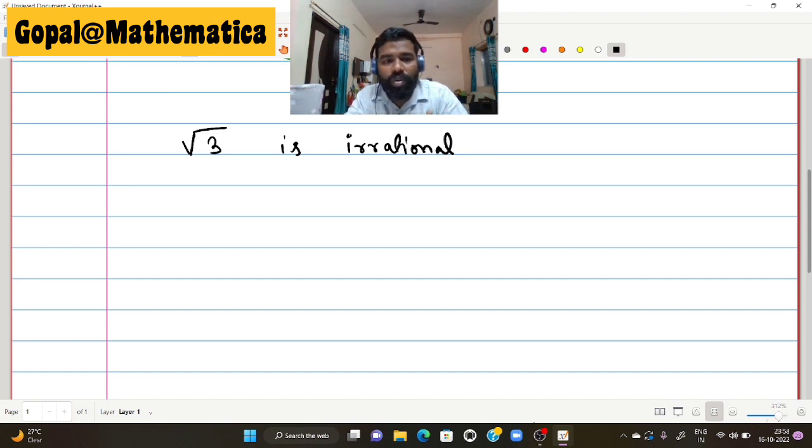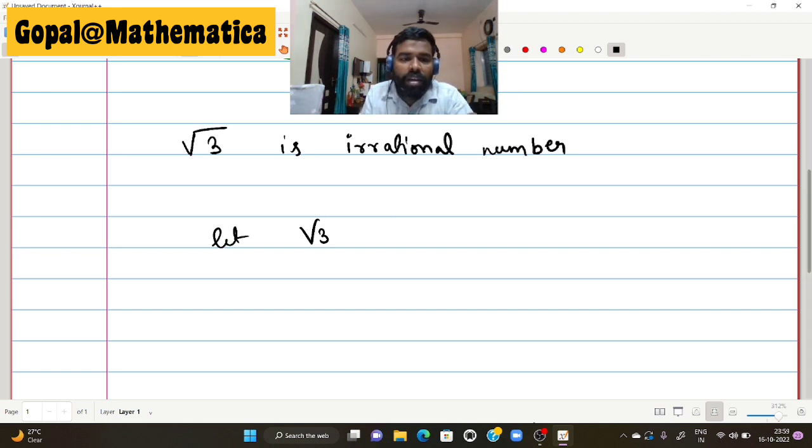Okay, so we are going against what the question asks. They are asking us to prove that this is an irrational number. So I'll take that, let root 3 be rational. Okay, so this is the way we are going to prove this.